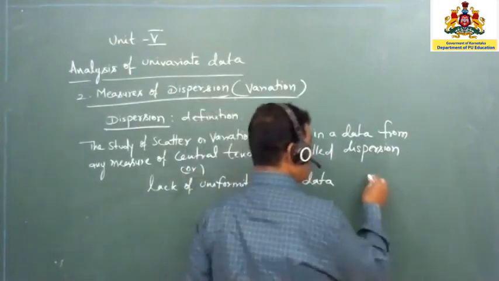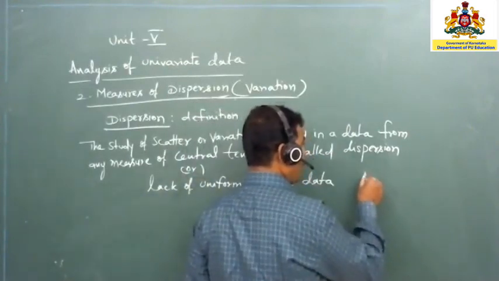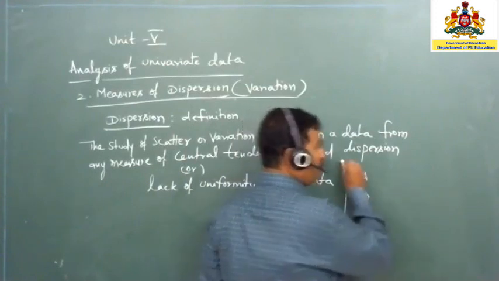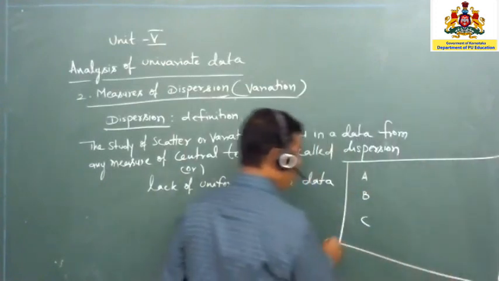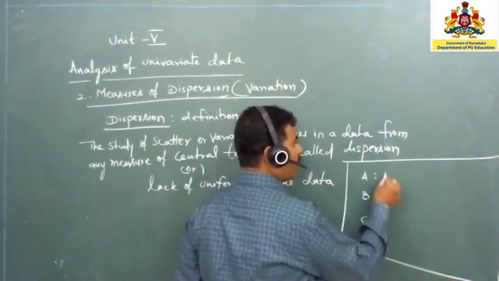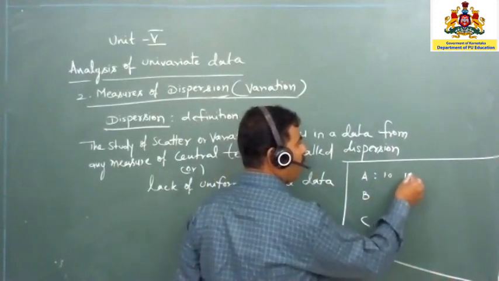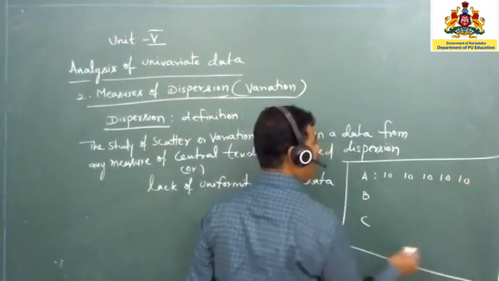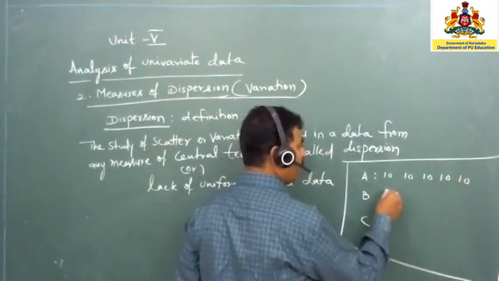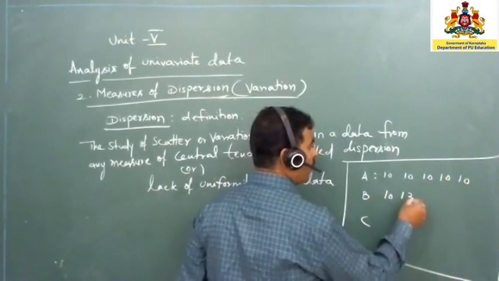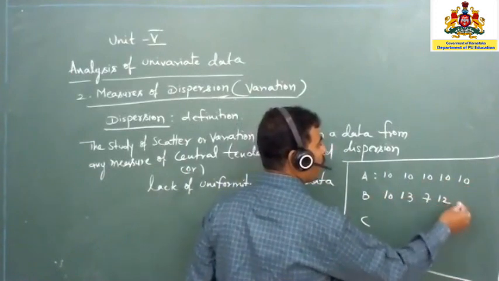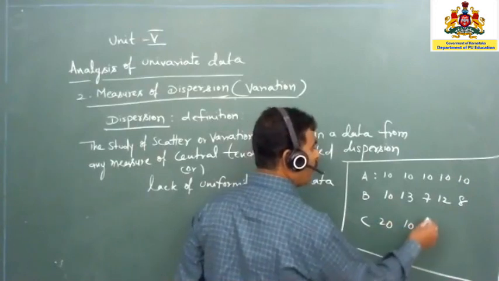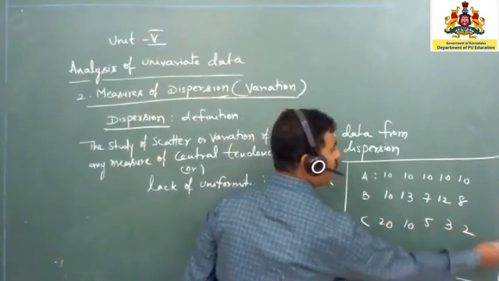For example, there are three data A, B, C, with observations like this: 10, 10, 10, 10, 10, and here 10, 13, 7, 12, 8, and 20, 10, 5, 3, 2.